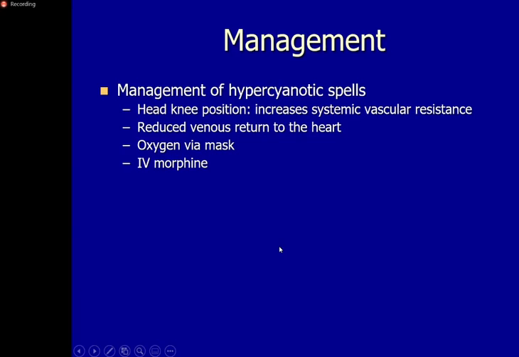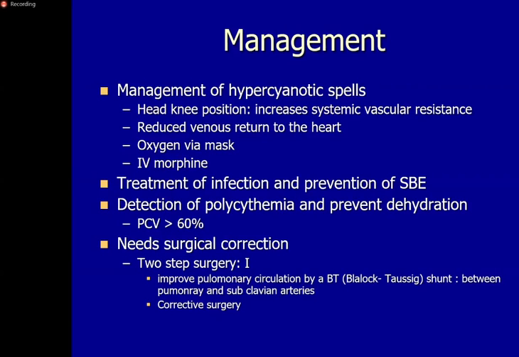So management, I'm not going to deal very much here. The main thing is that you have to do surgical correction. And the important thing is because they have polycythemia, you have to prevent them getting dehydrated. So a child with cyanotic heart disease, if they develop diarrhea, they should hydrate the child very effectively.